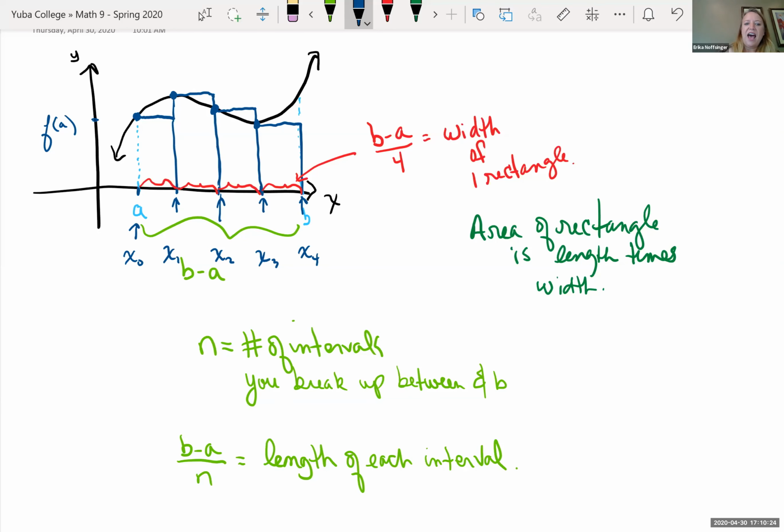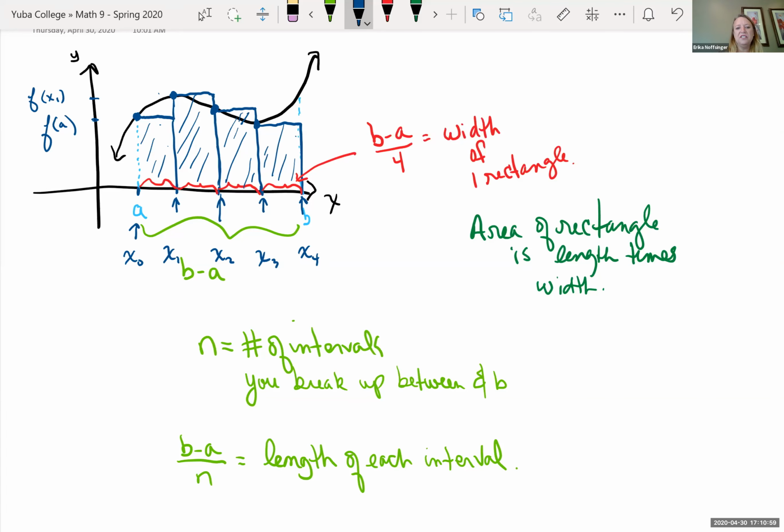To find the height of the rectangle between x sub 1 and x sub 2, I would plug in my x value there, f of x sub 1. So I could find the area of each one of these rectangles, and if I sum them, we get an approximation of the area under the curve.